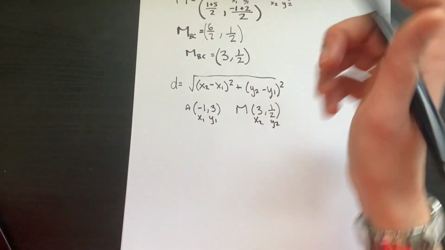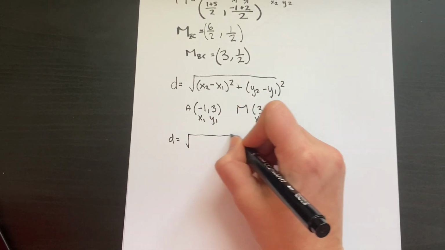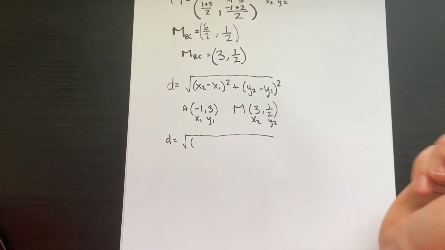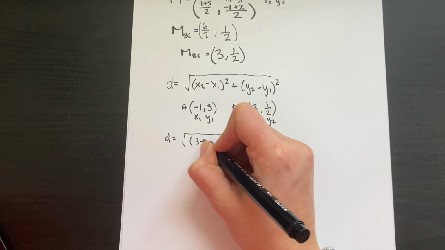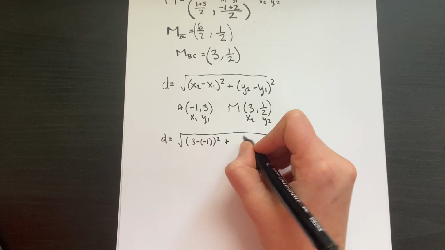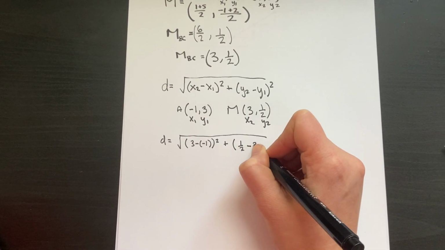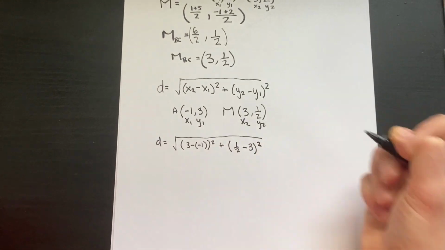That will give us the distance between the 2 points, which is the same thing as the length of the line. So we have distance, or length, equals the square root of 3 minus -1 squared plus 1/2 minus 3 squared.